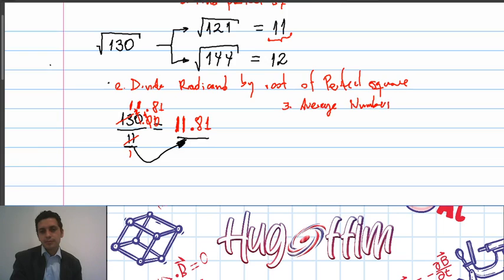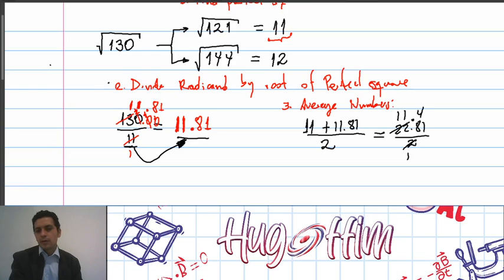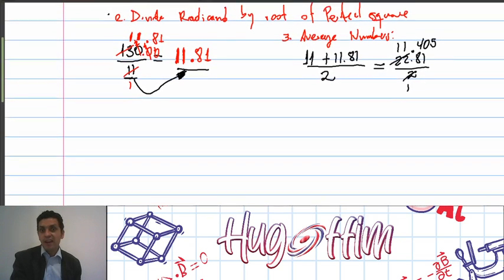So if I average the numbers, 11 plus 11.81 is 22.81, divided by 2. I'm going to keep 2 decimal places, and it will be 11.405.